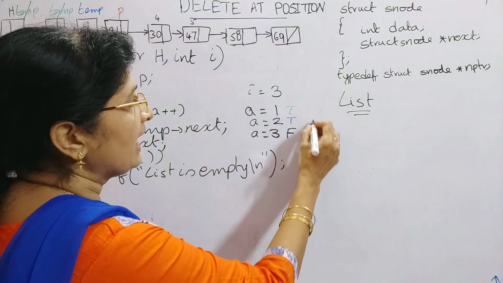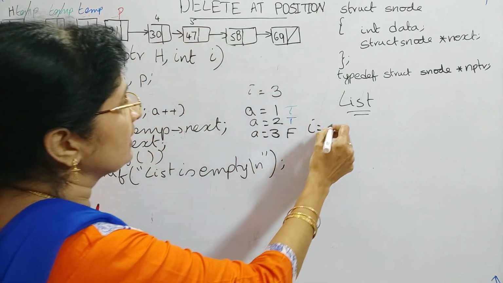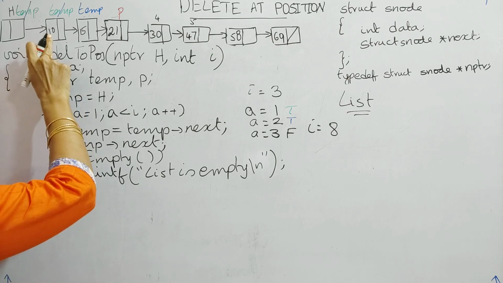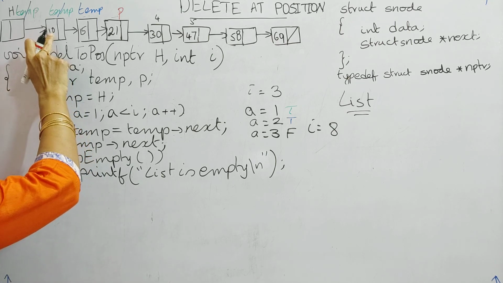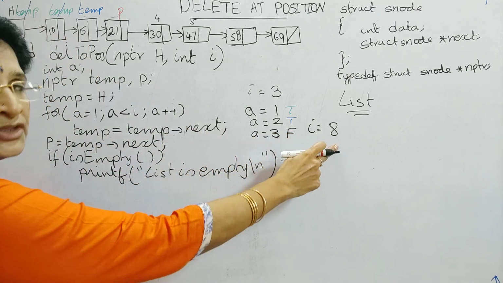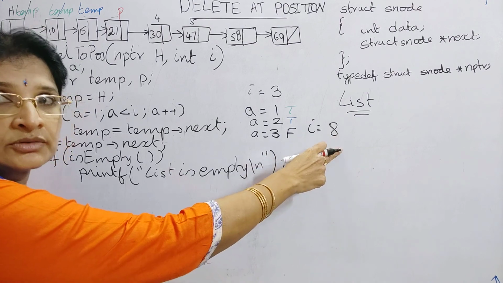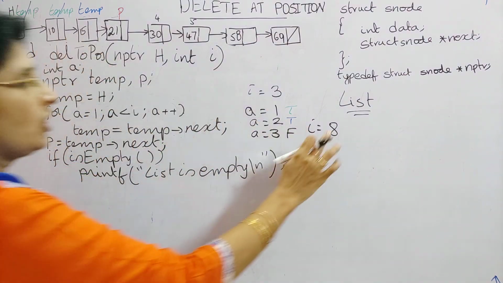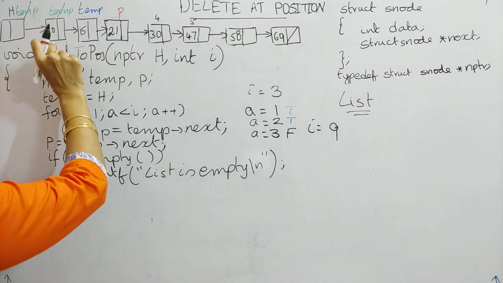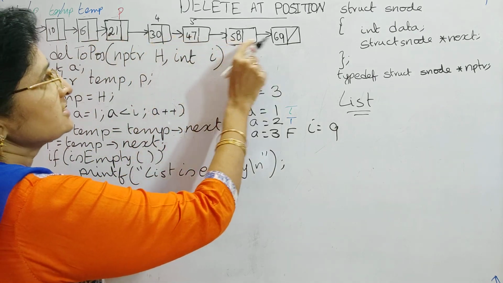Suppose you give the value of I as... how many nodes do we have in this one? In total we have 7. Suppose you give the value of I as 8, or 9, a number greater than that. It will start from here and move on like that. How many positions does it have to move? I minus 1. So 1, 2, 3, 4, 5, 6, 7.